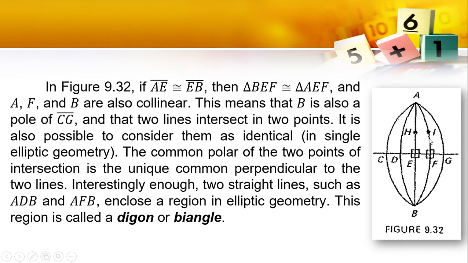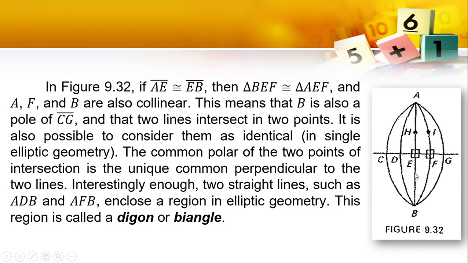So these two triangles are congruent. How? Again, we use the SAS postulate, side angle side. We are given that AE is congruent to EB. Since they are congruent and AE is perpendicular to CG, then it creates a right angle, so BEF is also a right angle.